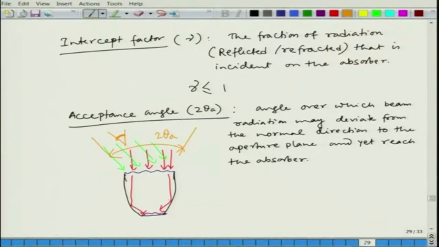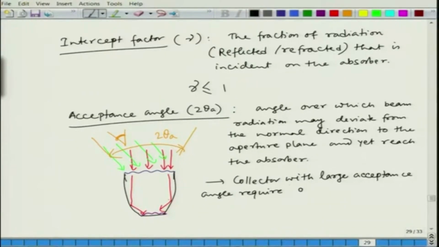Okay. So, here what we can say, that collector with large acceptance angle require occasional adjustment, but has low concentration ratio.